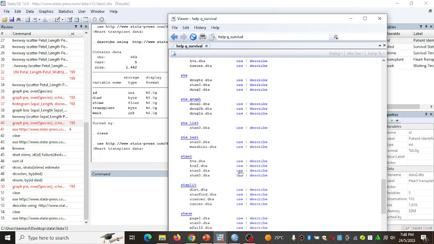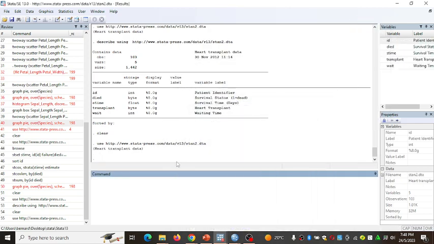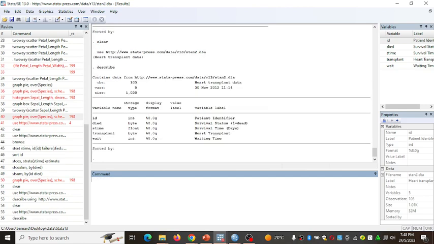I want us to describe this data so that we understand the kind of data that we have. Just type describe and click enter.